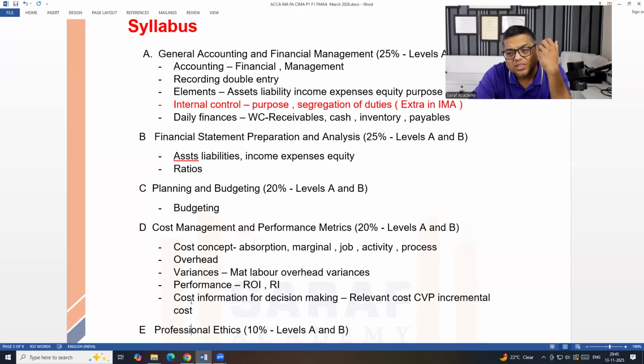In CIMA, it is 80 out of 150, around 53%. For ACCA, 50% is required to pass. For FMAA, it is a 72% score, and for CIMA, it is a 53% score.